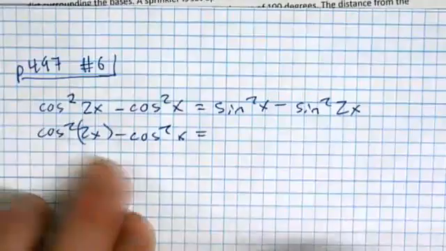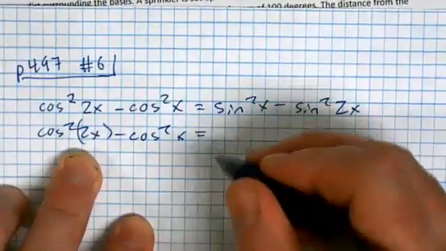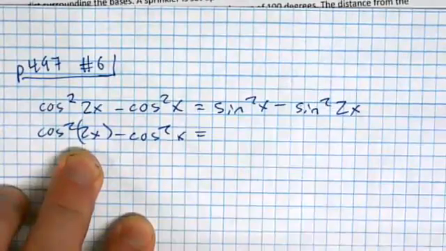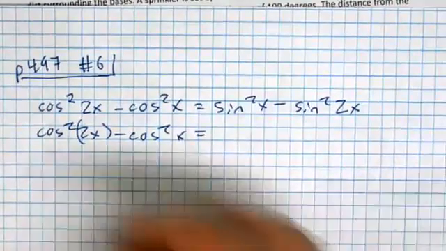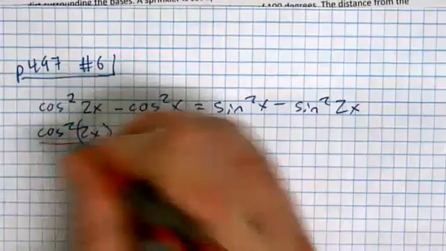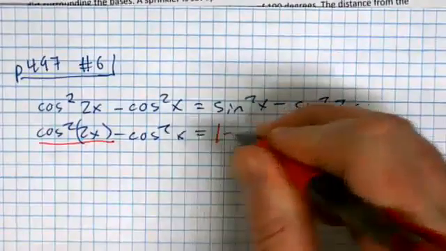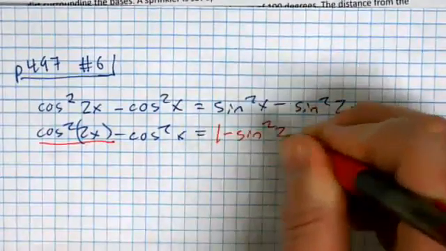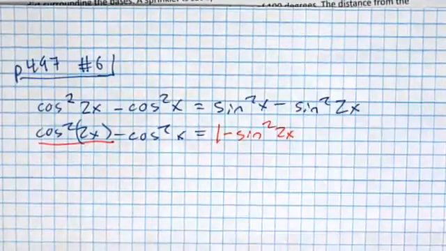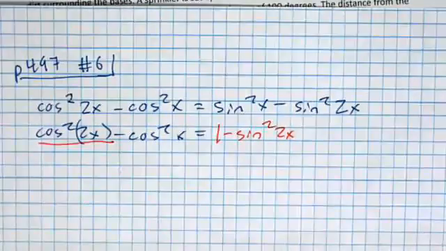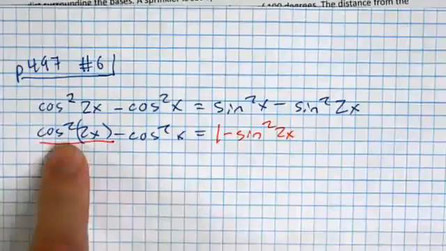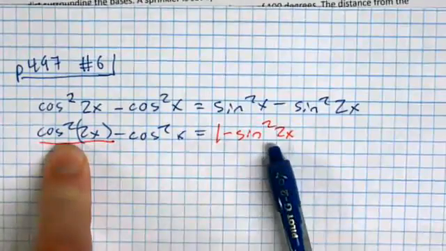So I'll give you a hint for your first move. Just replace the cosine squared of 2x with what? I would replace this with 1 minus the sine squared of 2x. Sine squared plus cosine squared is equal to 1, so cosine squared is equal to 1 minus sine squared.